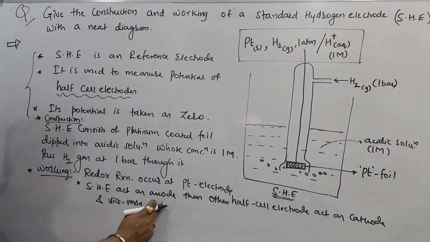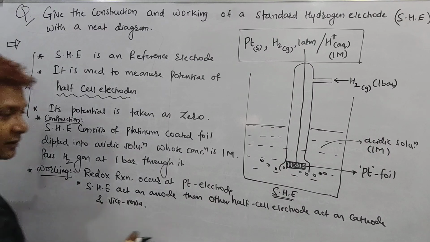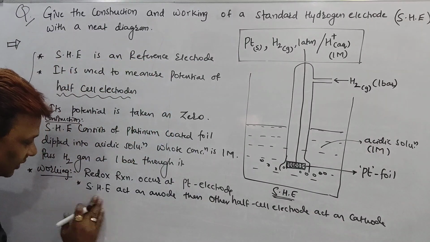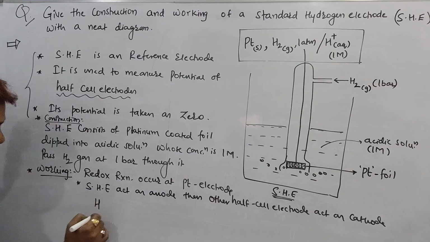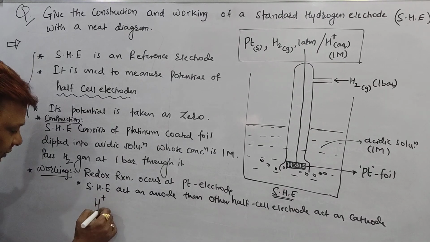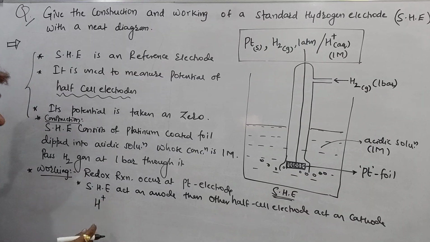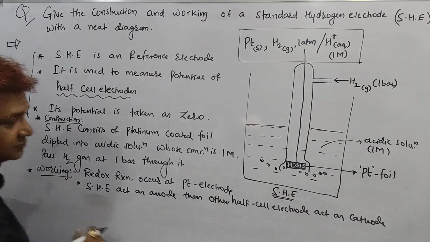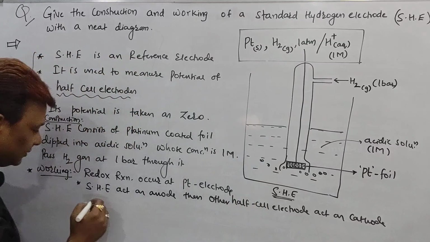SHE acts as an anode, but anode means oxidation will occur, right? The other acts as a cathode. SHE acting as an anode means oxidation will occur, and oxidation means loss of electrons.